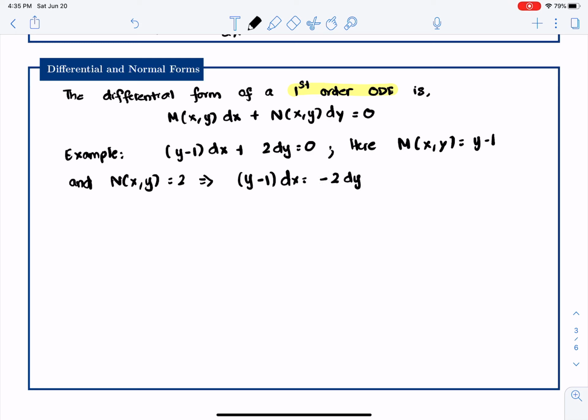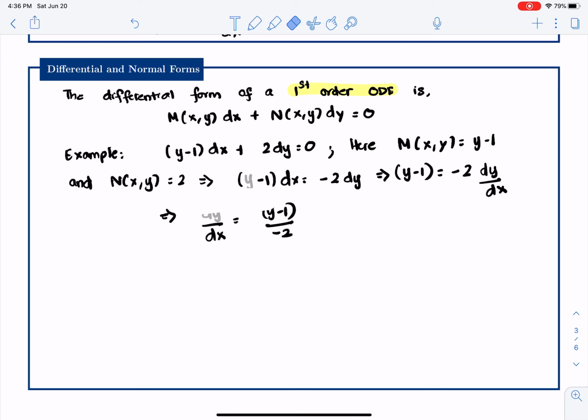And I'm going to solve for dy over dx, so I'm going to divide by dx on both sides, which would give me negative 2 times dy over dx. And I'll divide by negative 2 on both sides, which would give me dy over dx equals y minus 1 divided by negative 2.